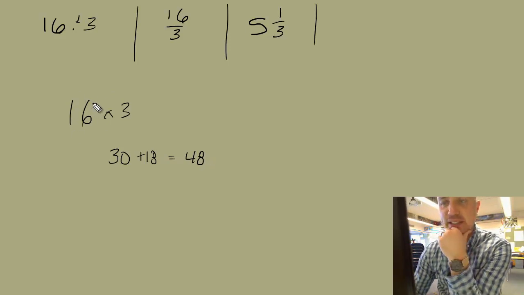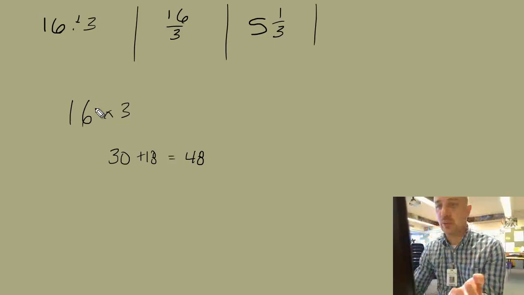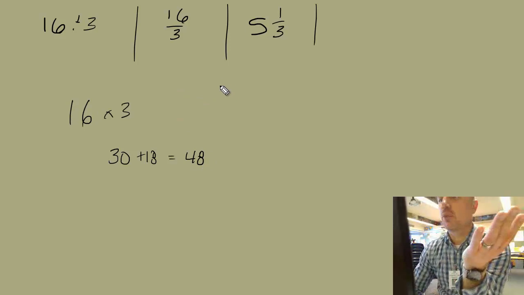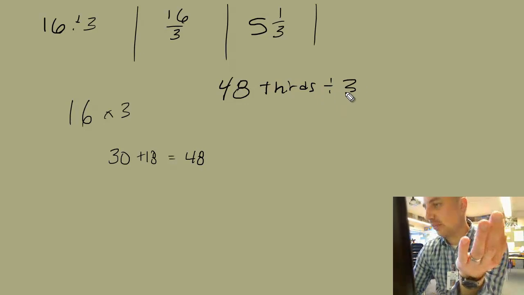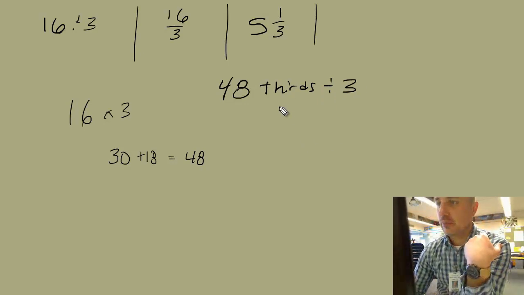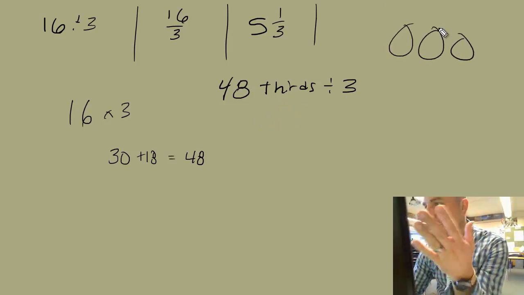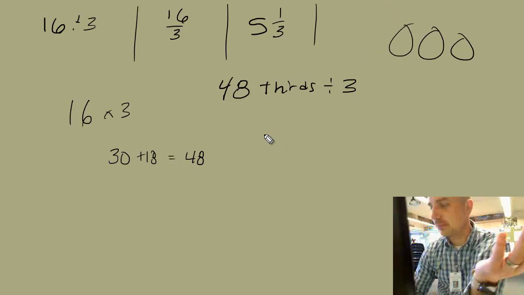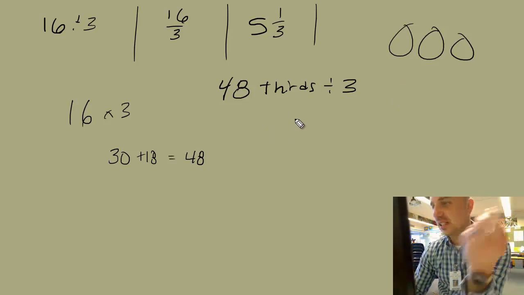So if I take these 16 and I split them up into thirds, I'm going to end up with 48 pieces, or 48 thirds. And those 48 thirds I'm dividing by 3. And in each circle or each group, I'm gonna get, my brain's working really well today. In each group, I'm gonna get 16 thirds.